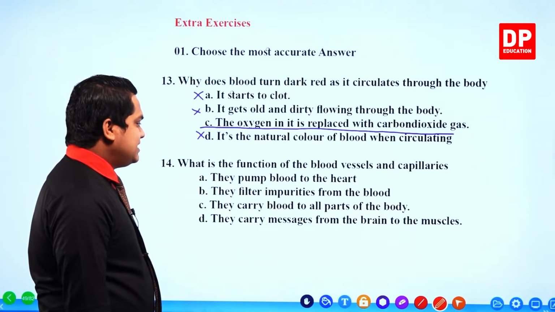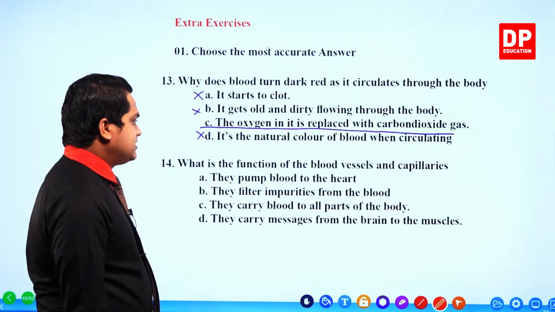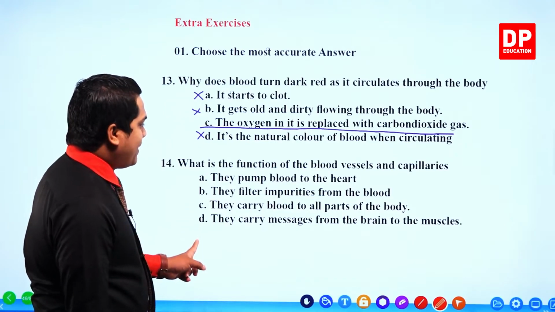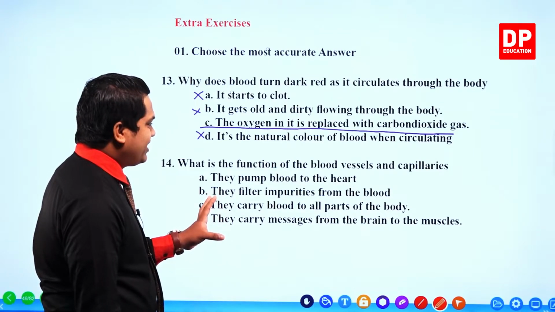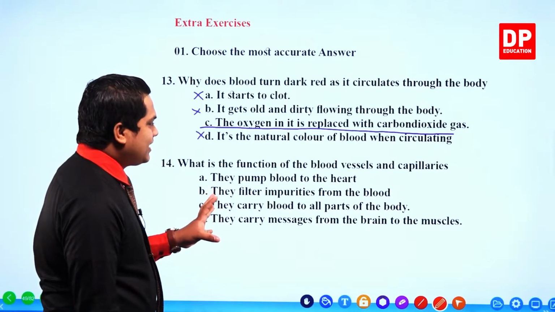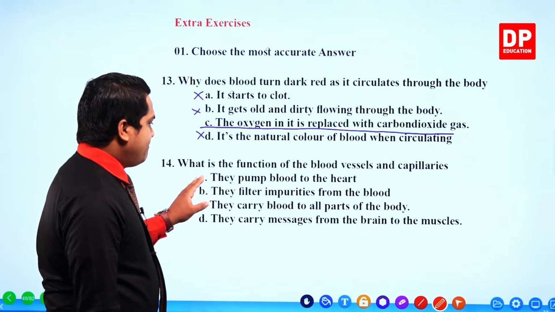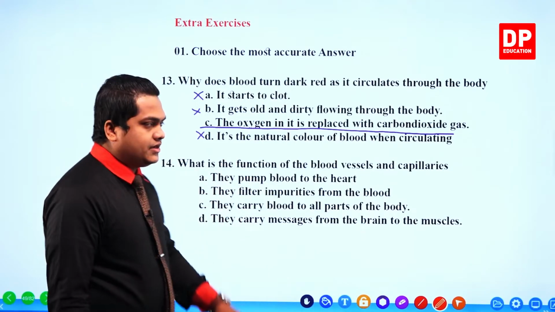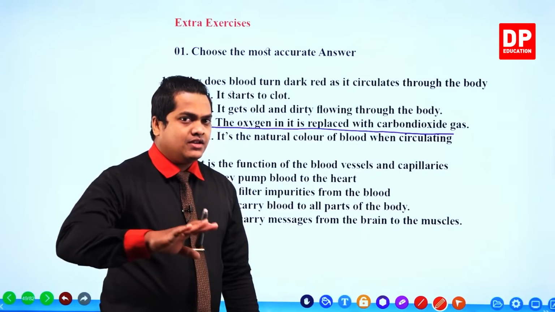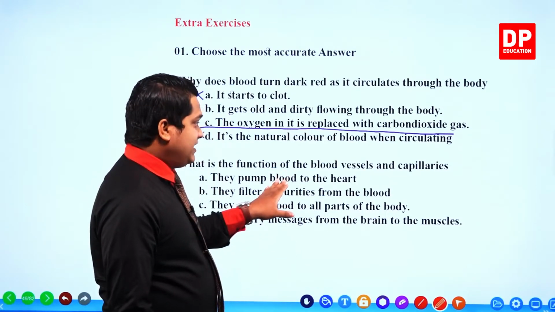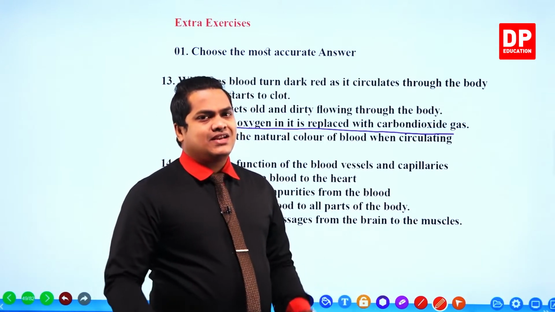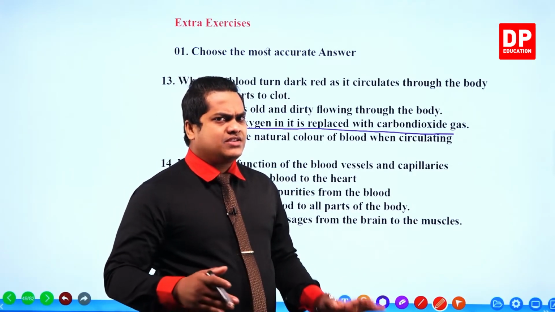They carry messages from the brain to muscles. So my dear children, pump blood to the heart is referring only to one certain type of vessel, a vein only, right? They are asking about the vessels and capillaries. So vessels and capillaries means veins and arteries both.